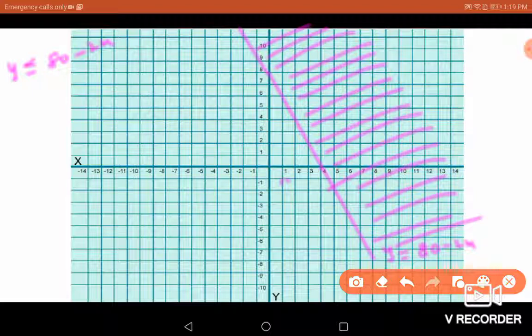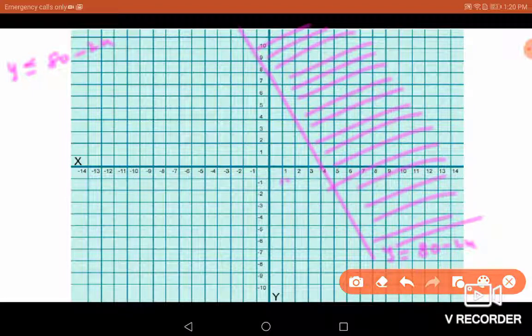Now, let the color be the same. Why should I confuse you? The second line we are going to draw now. Second line, x-intercept is 16.7, y-intercept is 50.